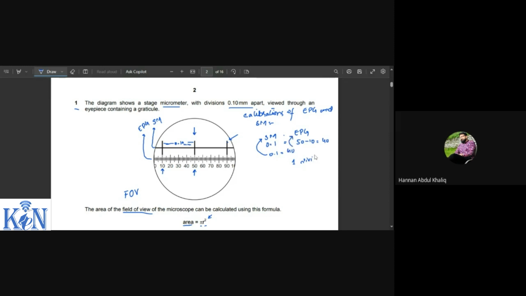If we want to know the value of one division of the eyepiece graticule, we divide by 40. So one division of EPG is going to be 0.1 divided by 40, and this would be 0.0025. You can do this on your calculators and confirm this.